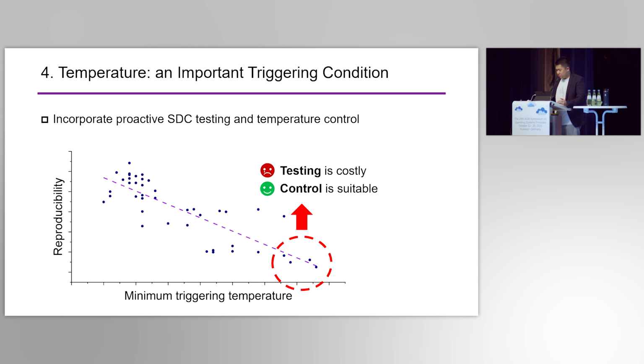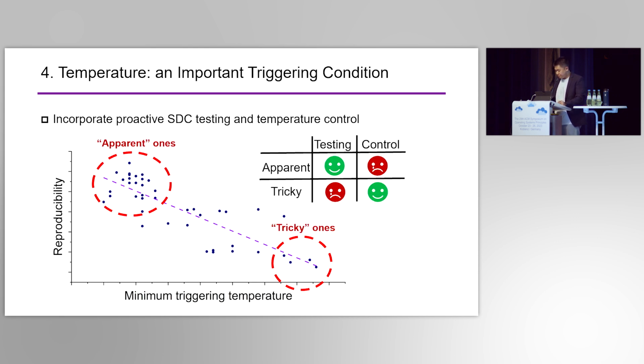This is because more testing resources are required to reproduce errors. To summarize, we call the first type apparent ones and the second type tricky ones. As shown in this slide, using different mitigation strategies for different types is going to be more effective than using a single strategy.